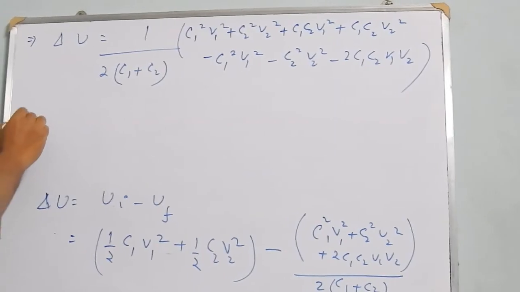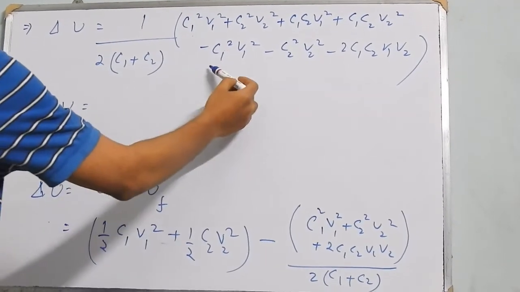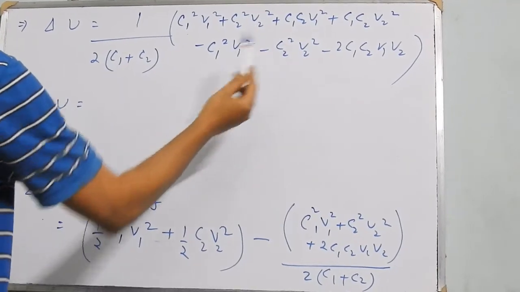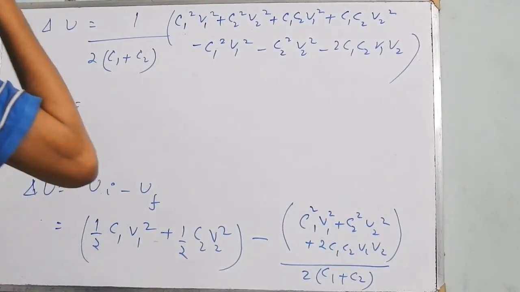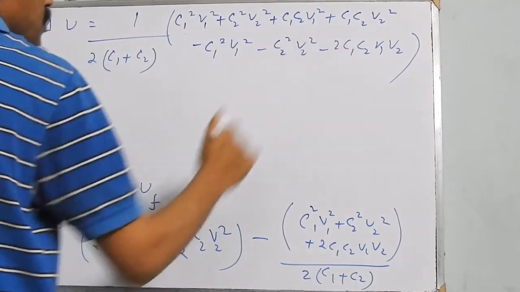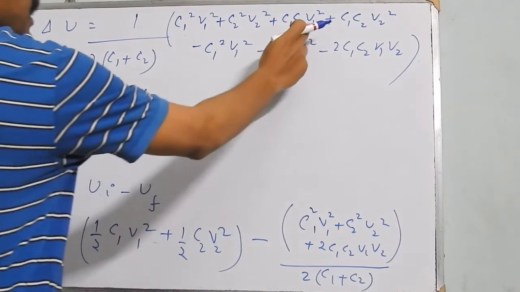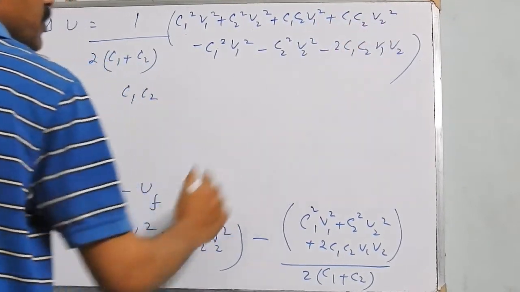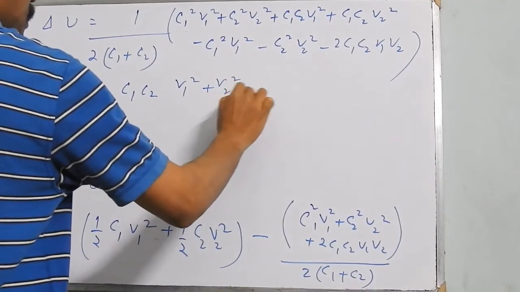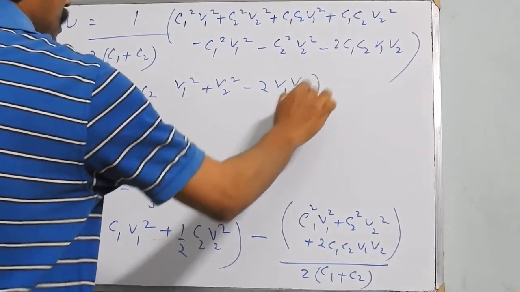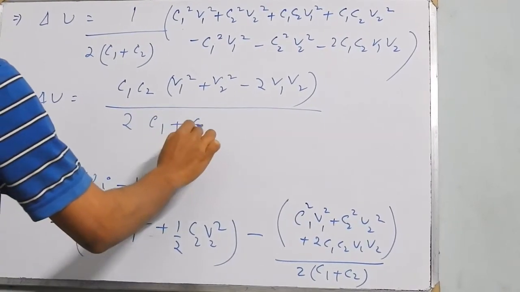So now you can see that C1 square V1 square will cancel out, C2 square V2 square will cancel out. So what we get is, and we can take C1 C2 as common. So if we write C1 C2 as common, we get V1 square plus V2 square minus 2 V1 V2, divided by twice of C1 plus C2.